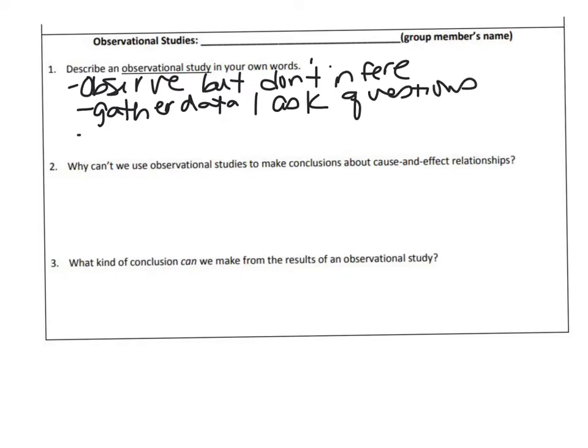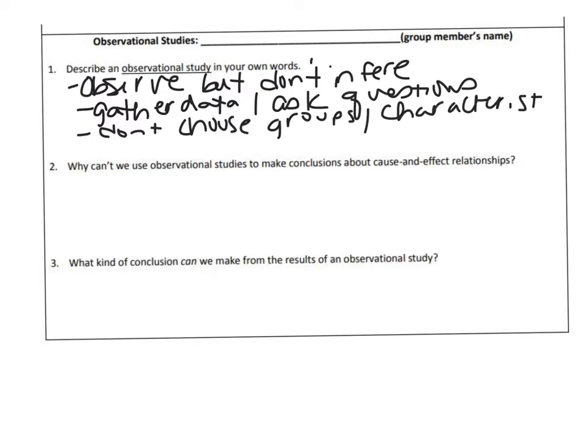And then in an observational study, you don't choose the groups. I can't spell today. You don't choose basically who's in the groups or the characteristics of the groups or the characteristics of the participants. And so you're basically only observing data or asking questions, and you just observe.